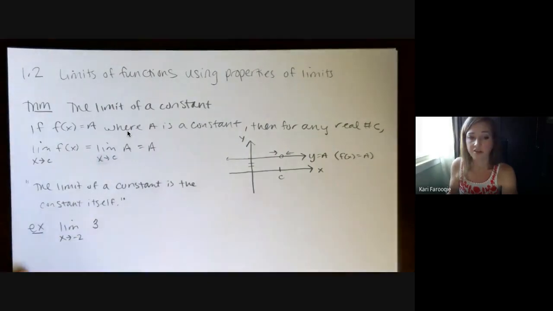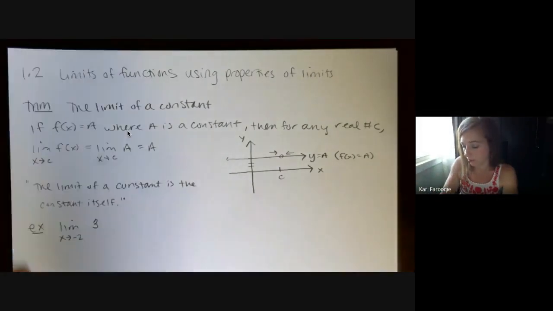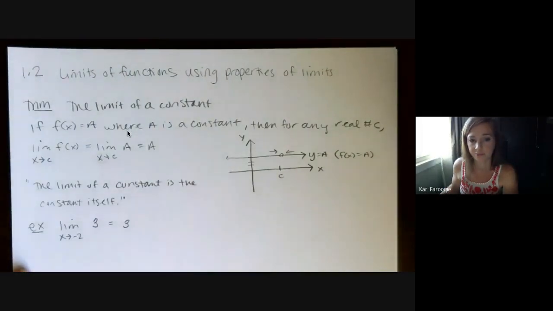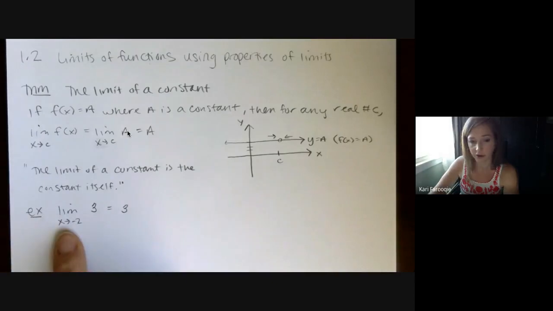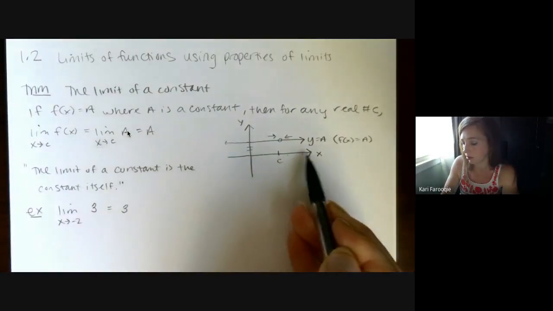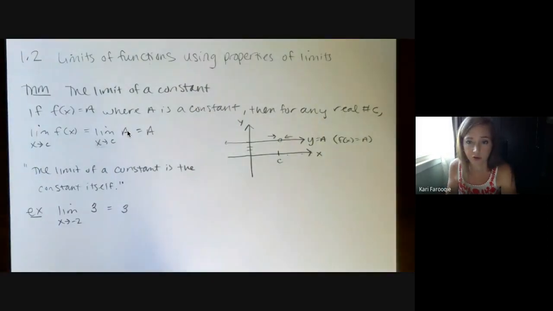Now 3 is a constant function. It's just the horizontal line that goes through the y-axis at 3. Its limit is always going to be 3 no matter what. So it does not matter what value x is approaching. I mean, we could have put c here, here, here, here, here. It doesn't matter. The y value is always going to be 3 in this instance.